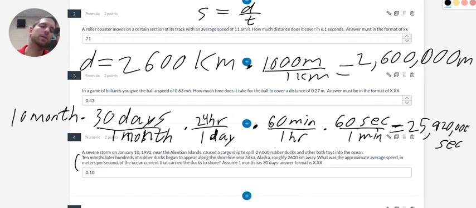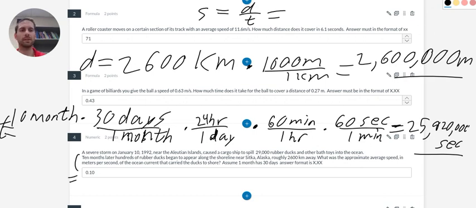So now we need to use distance over time, because this is time. So we take this value divided by that value. If we do everything right, we should get 0.1. Bit of a long problem.